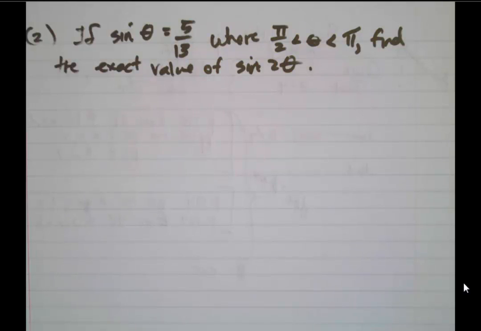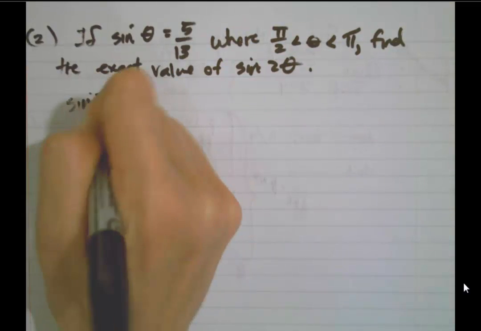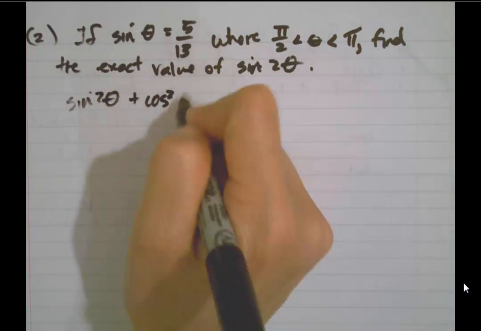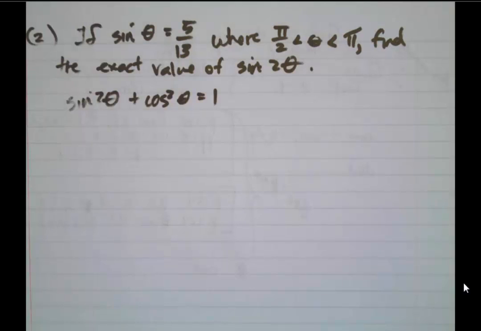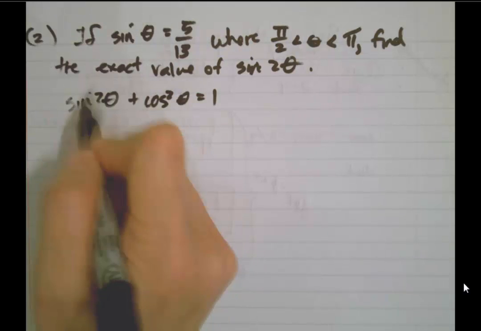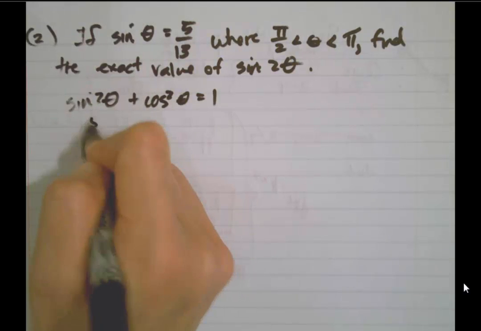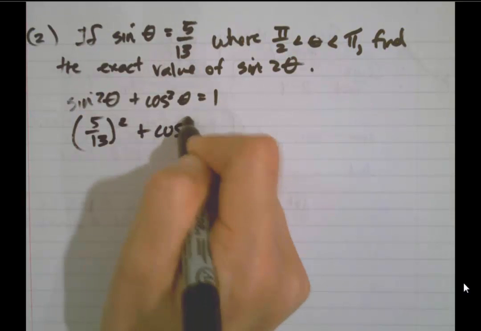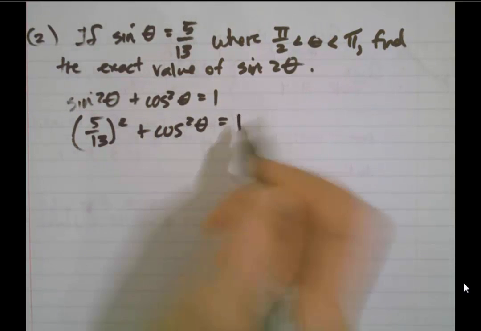We're going to use the trig identity sine square theta plus cosine square theta is equal to 1. And that is a Pythagorean theorem using the legs of a right triangle. So let's go ahead and substitute in for sine square theta. We'll have 5/13 squared plus cosine square theta equals 1.